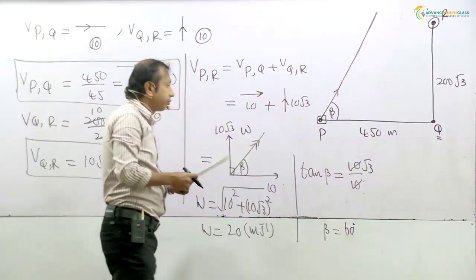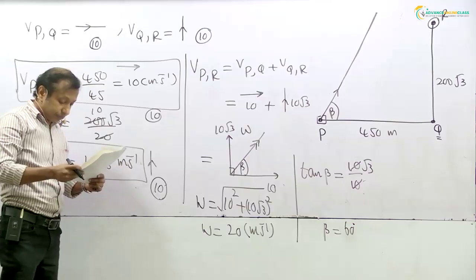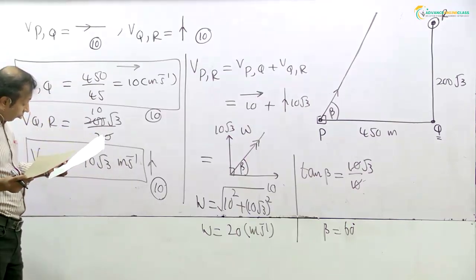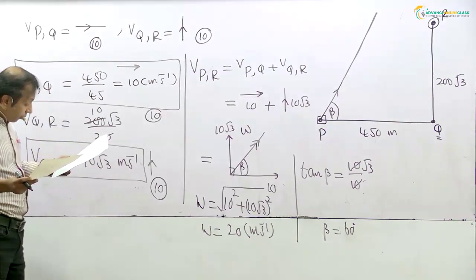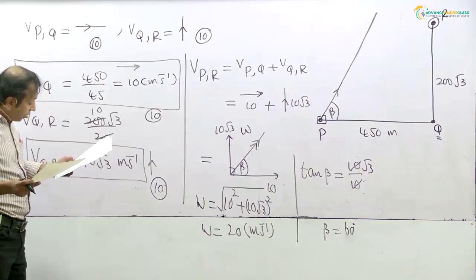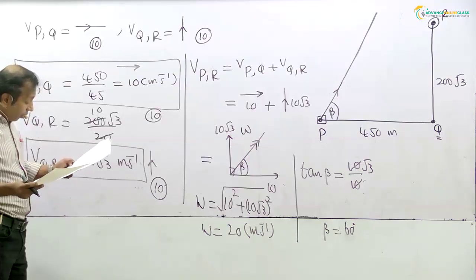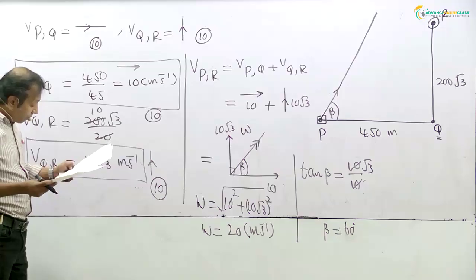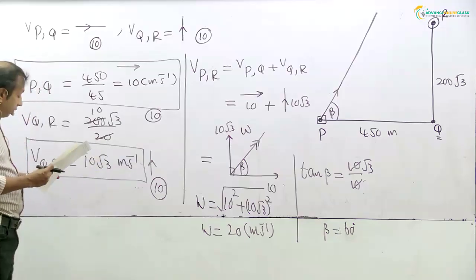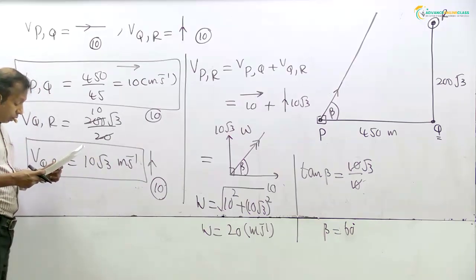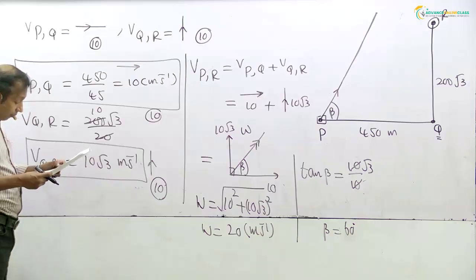Now, what's asked next? Find the distance between boat P and boat R at the instant when boat Q meets boat R. We are given boat Q meets boat R in 20 seconds.